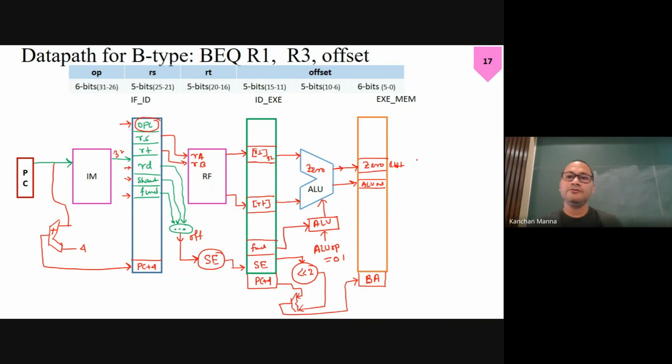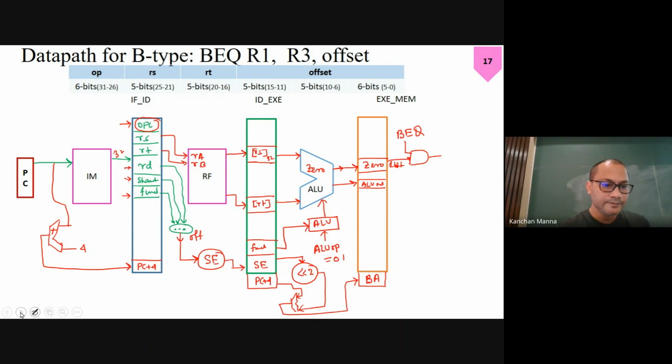Okay. Now we have to tell, because this will happen only for the BQ type instruction, not others at all. So 0 will come from here and it should be only for that. Now this signal is available here. Now PC will get two values. Then what circuitry do we need here?